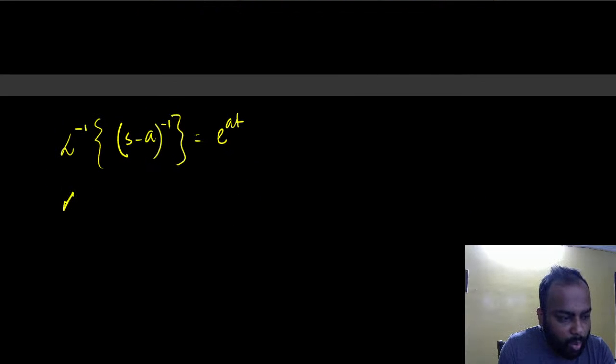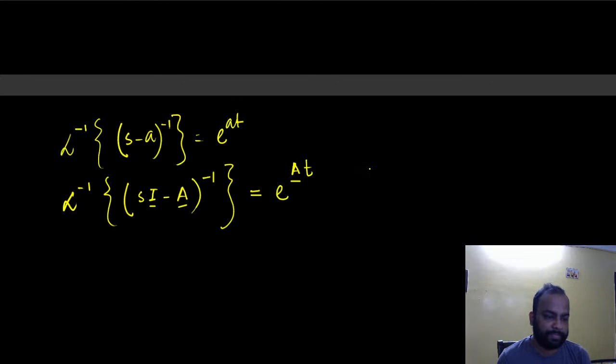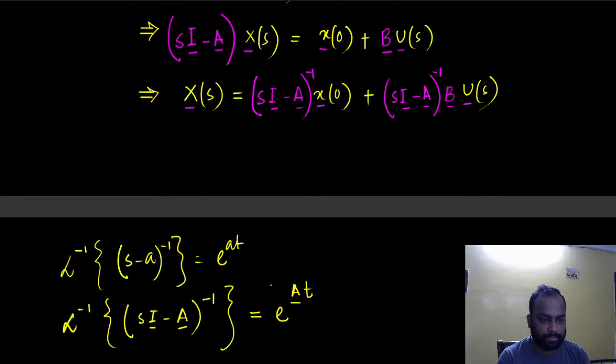So in the same way, I know that the inverse Laplace transform of (sI minus A) whole inverse, now in matrix form, is the same thing, just going to be e to the power At. Now A is a matrix here, it's exactly the same thing. Got it?